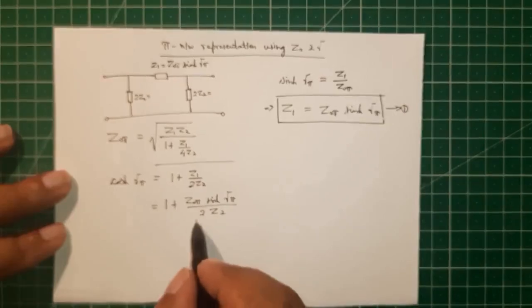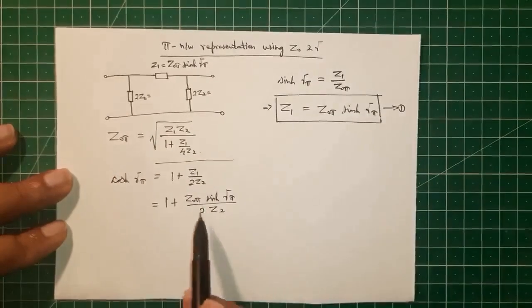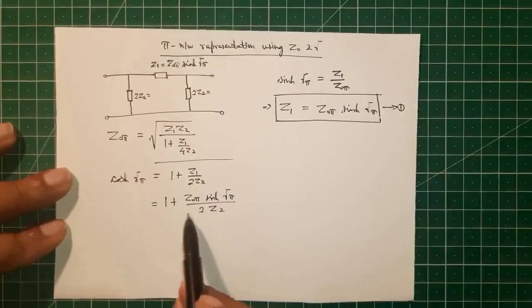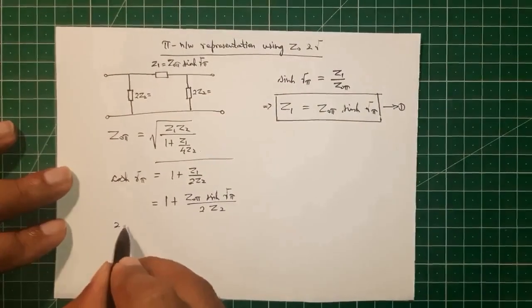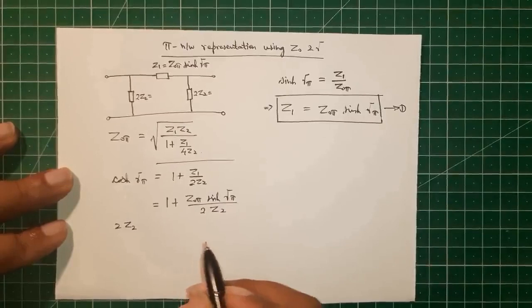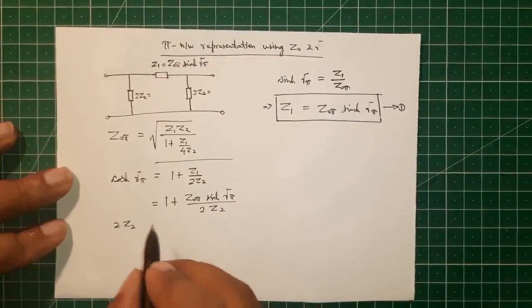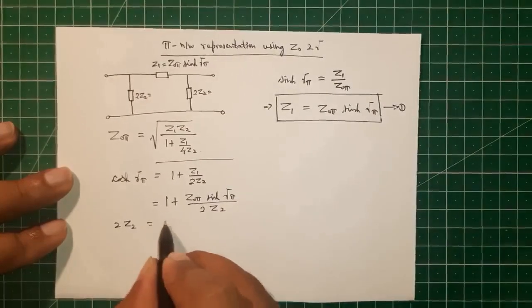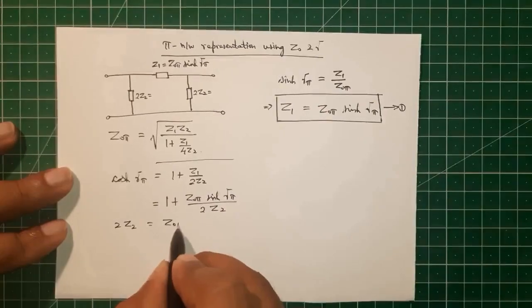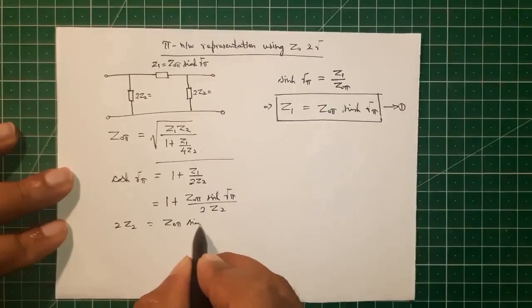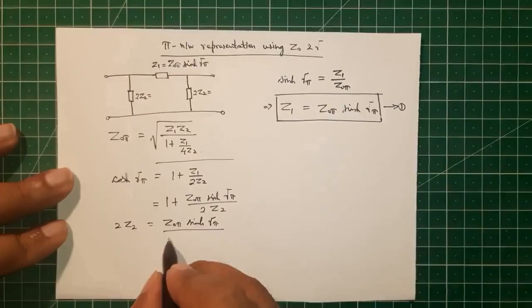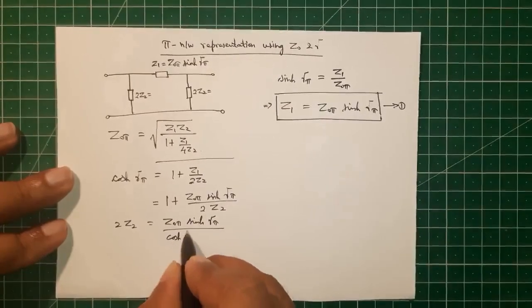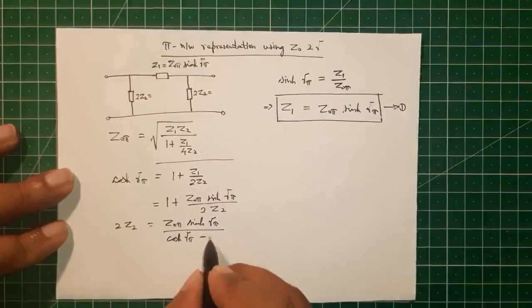So from here what do we need? We need 2Z2. So we will cross multiply and write 2Z2 as Z0 pi sinh gamma pi divided by cosh gamma pi minus 1.